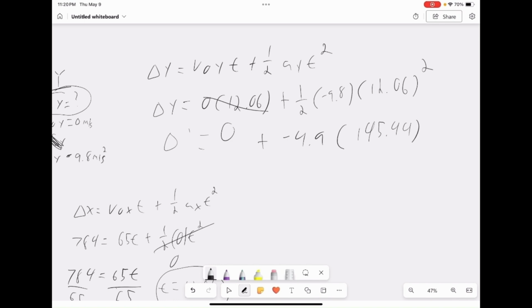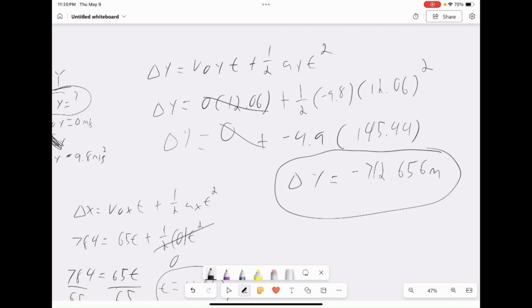Equals delta y. This 0 plus goes away. We can say delta y equals negative 4.9 times 145.44, which is negative 712.656 meters.